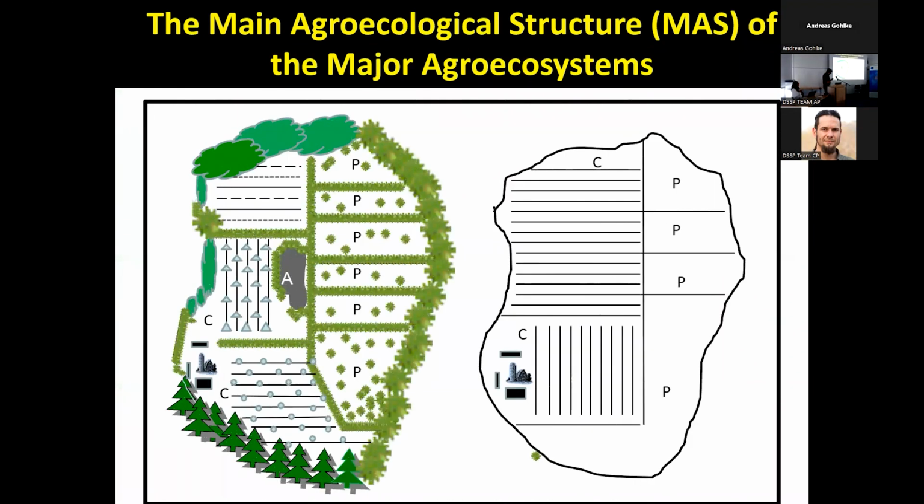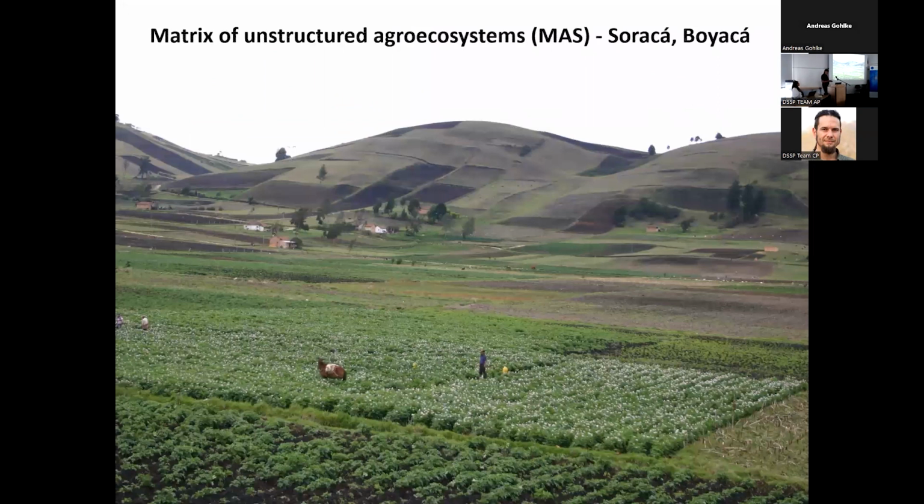So you can see the difference between these two farms. A farm with hedges, edges, polyculture, bodies of water, silvopastoral system, and the trees that I showed you in the past slide, versus only a prairie, only a crop. So this farm has more structure than this one. And it's the same thing at the level of landscape.